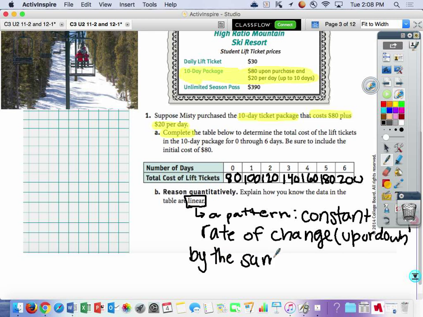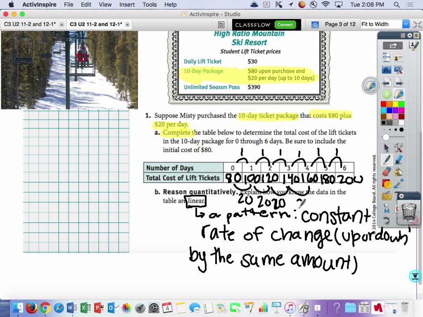Alright, so now we're going to look back at this table. We're going to say, table, are you going up or down by the same amount? So let's look at our tops here. So this is going up by 1, 1, 1, 1, 1, 1. Then here, 80 to 100 is 20, 100 to 120 is 20, 120 to 140 is 20, 20, 20, 20. Okay, so constant, it's the same thing each time.